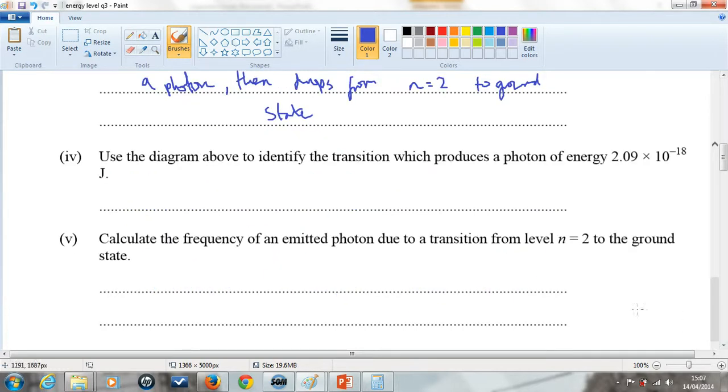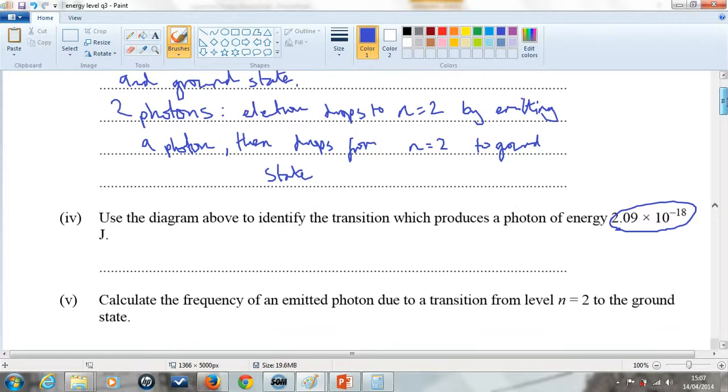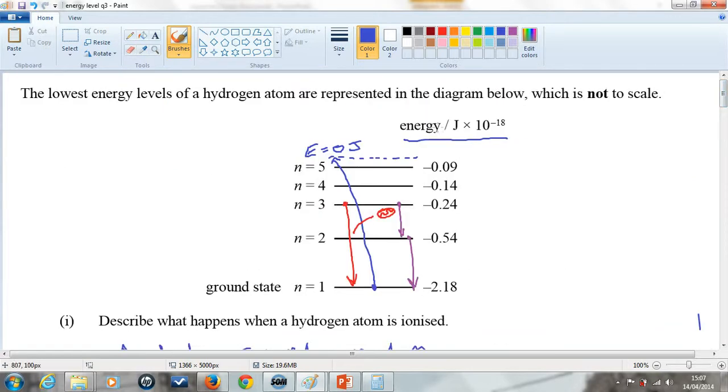The next question says, use the diagram above to identify the transition which produces a photon of energy 2.09 times 10 to the minus 18 joules. So what we're looking for is the step in energy between energy levels that will give us 2.09 times 10 to the minus 18.